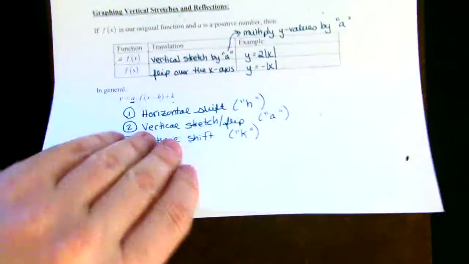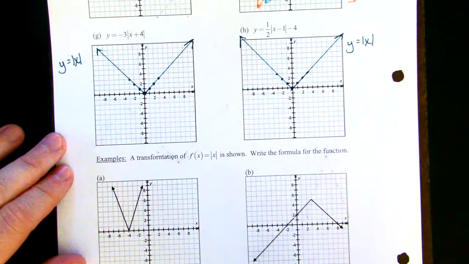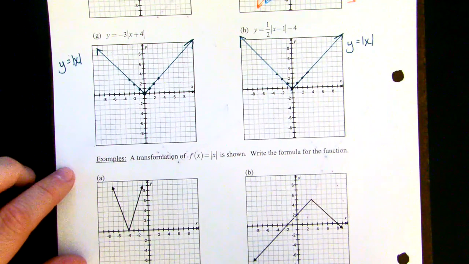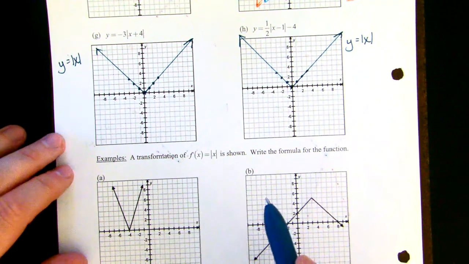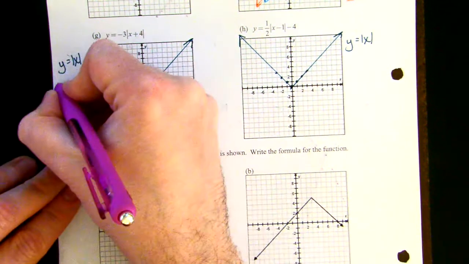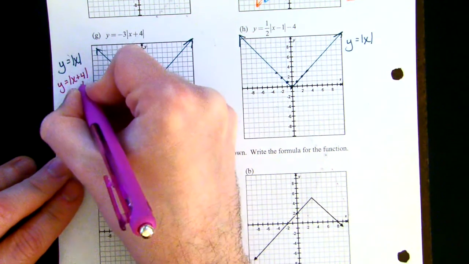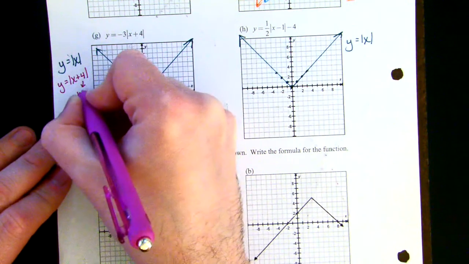And we're going to take a look at two more graphs. Letter G. According to our rules, what's the first thing we would need to do in letter G? I would need to do my horizontal shift first. So we're going to graph y equals absolute value of x plus 4, which means you're going to go left 4.